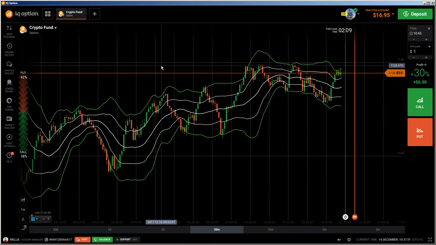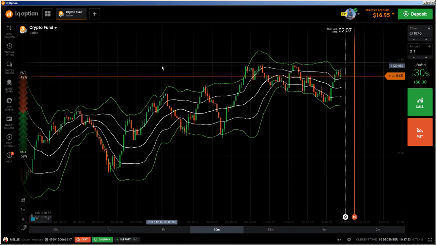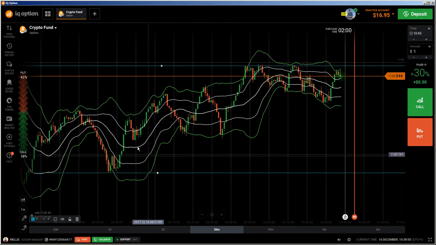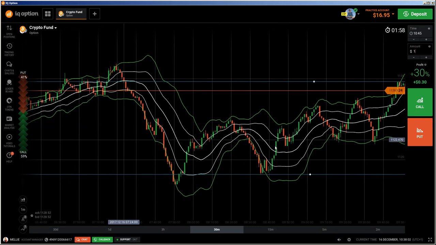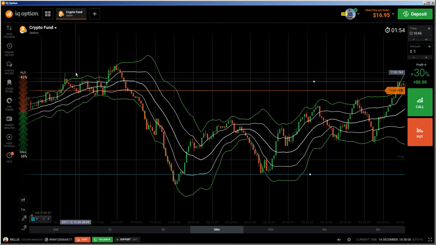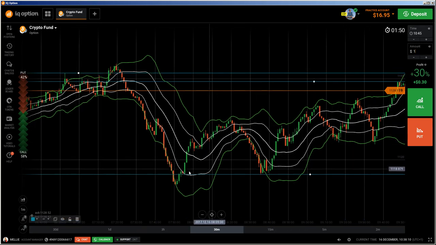For example, this is an overbought area. Here is an oversold area. Here above you have again an overbought area, and here is an oversold area.